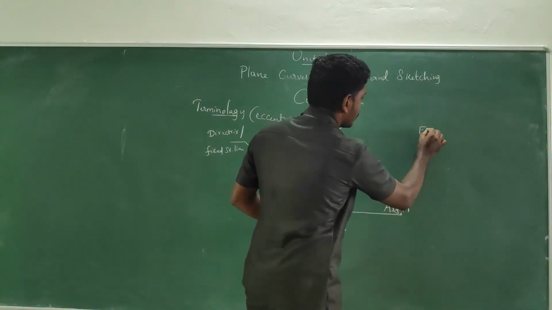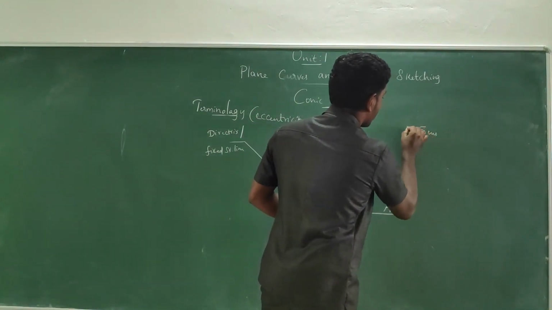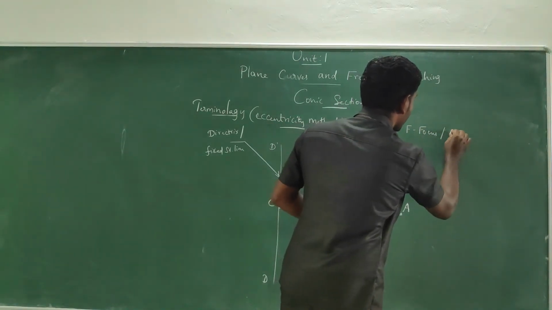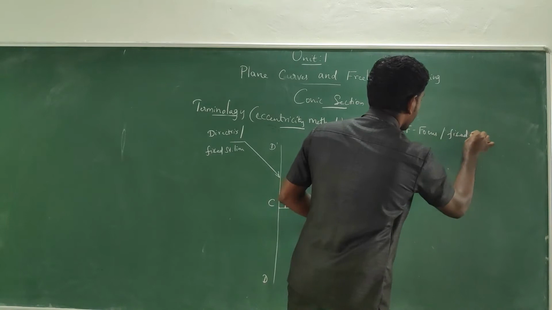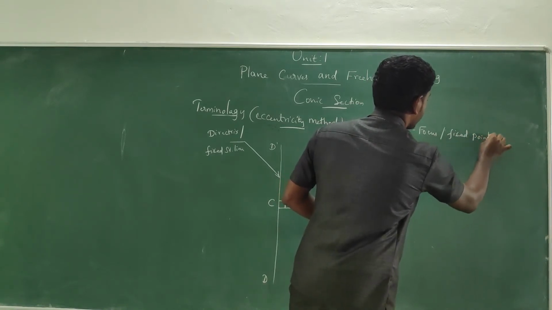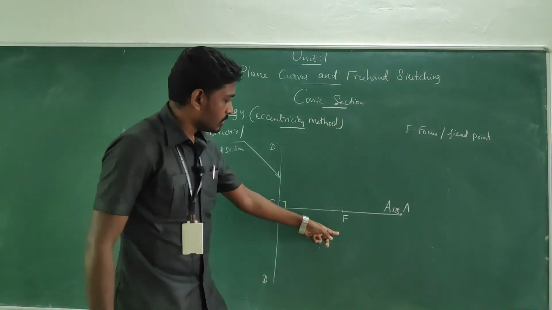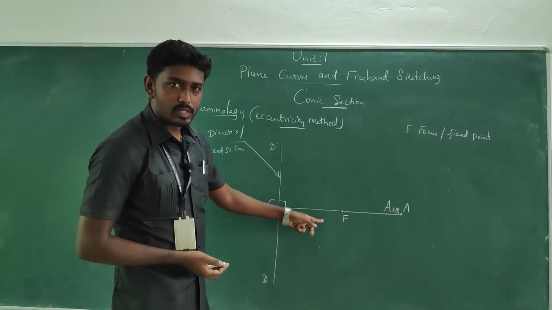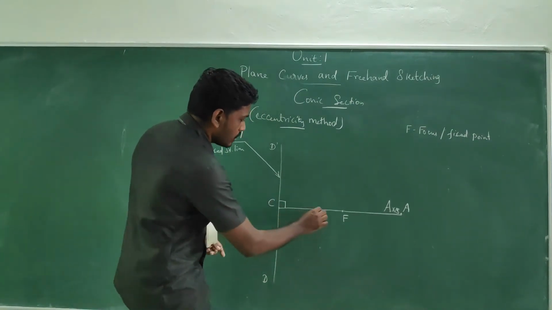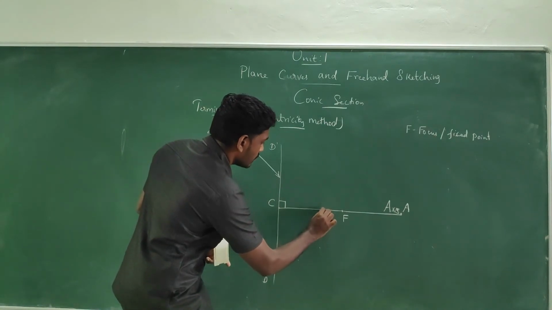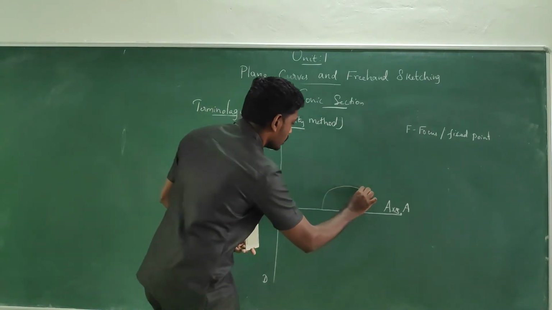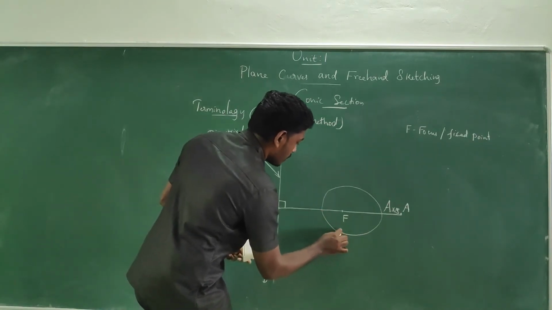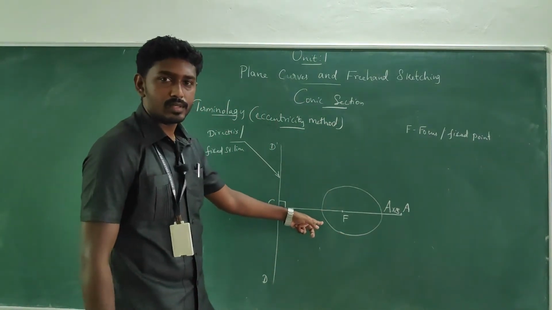So focus F, otherwise we can call it as fixed point. And then if it is an ellipse, we know the shape, right? With respect to this focus, we get the shape as this.